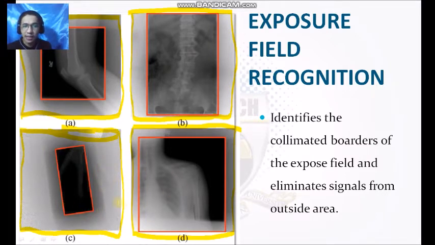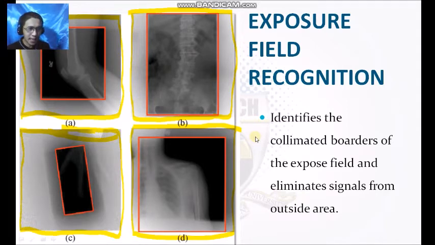So that means the four-sided collimation, the computer system should be able to recognize all four borders of our collimation. And if the computer or the processor or the algorithm in the computer system is malfunctioning, that's the time that we have the exposure field recognition error.